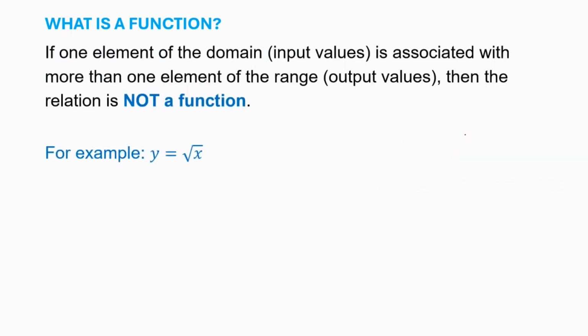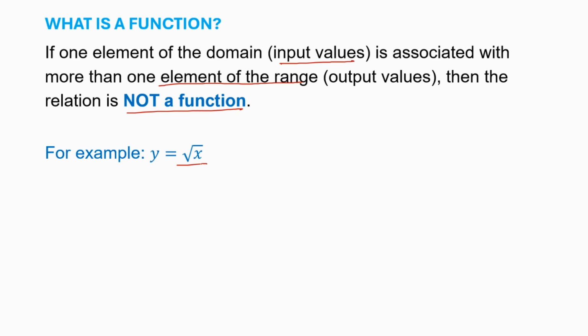If one element of the domain, that's the input values, is associated with more than one element of the range, then the relation is not a function. Like this one, it's not a function because one element of the domain will give us two elements of the range.